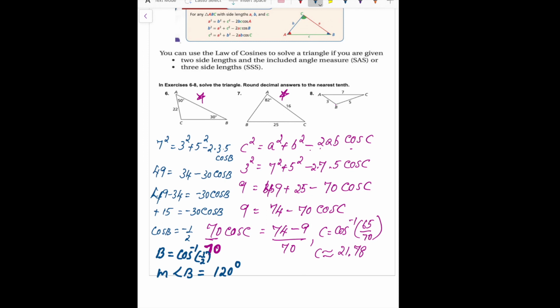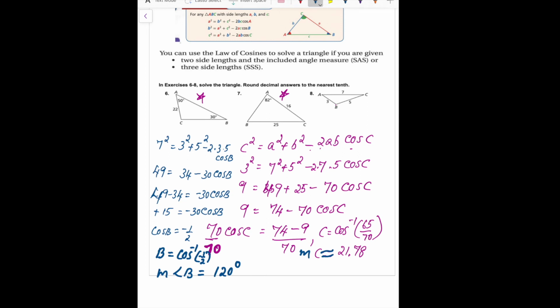Now since we know measurement of angle C is approximately equal to 21.778, and measurement of angle B is equal to 120 degrees, you can easily calculate the third angle using the triangle sum theorem.